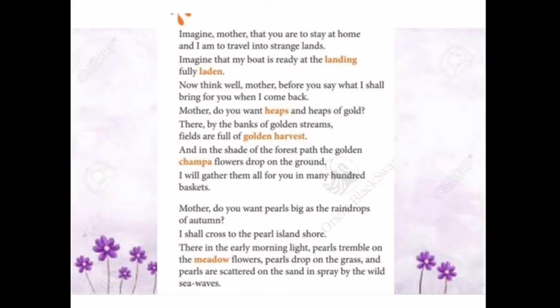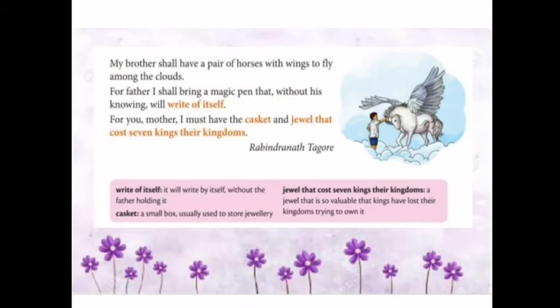And the pearls are scattered on the sand in spray by the wild sea waves, thrown by the waves as they crash on the shore of the island. When a wave hit and crashed on the shore of the island, it looked like pearls.